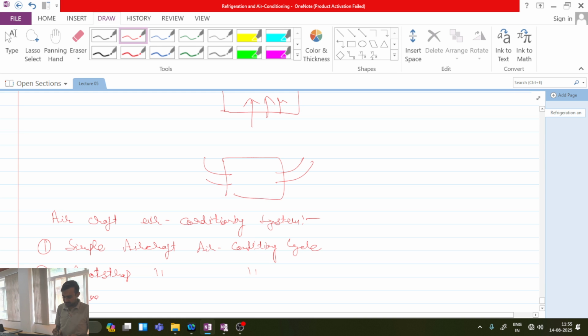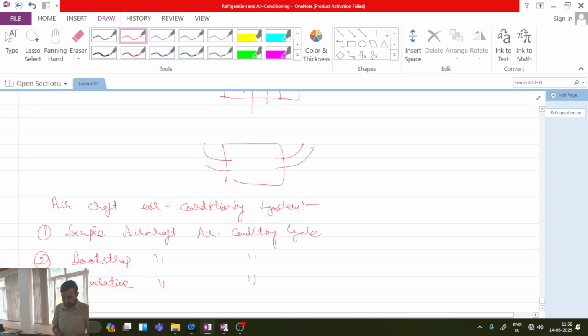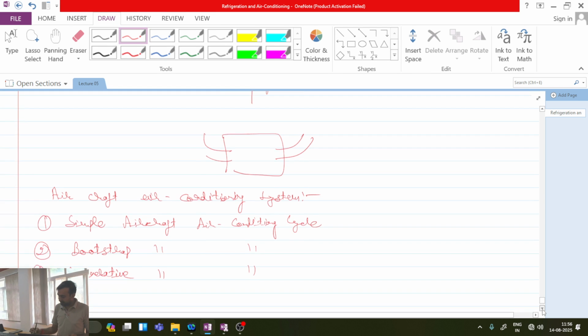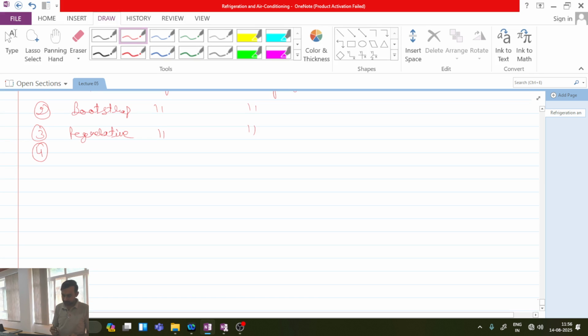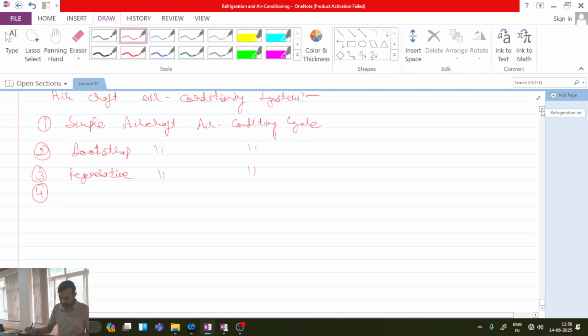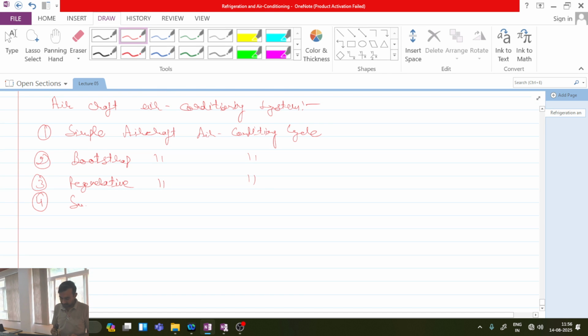Third is the regenerative aircraft air conditioning cycle, and fourth is the sub-atmospheric aircraft air refrigeration cycle.